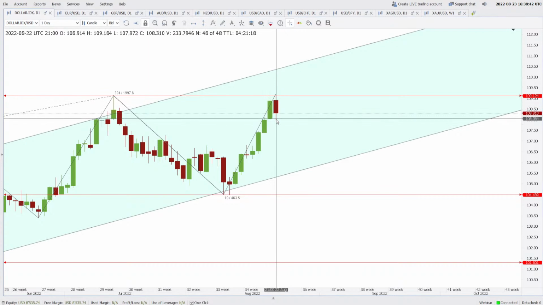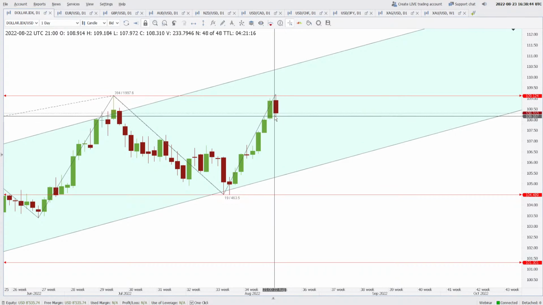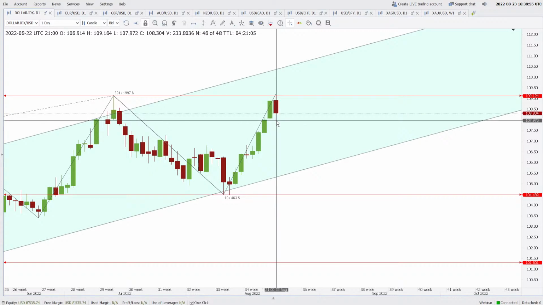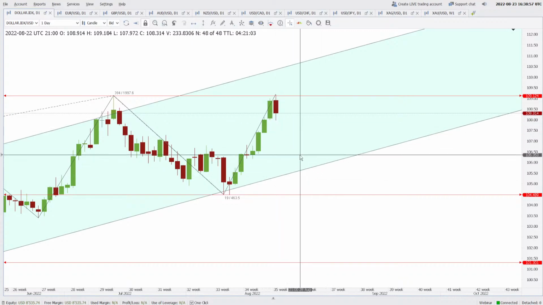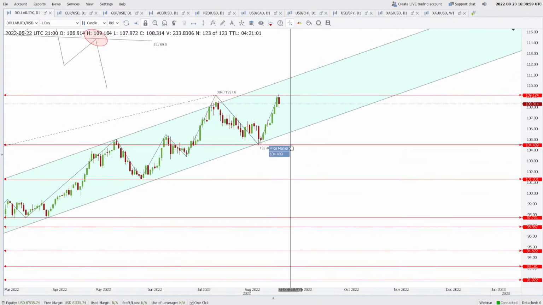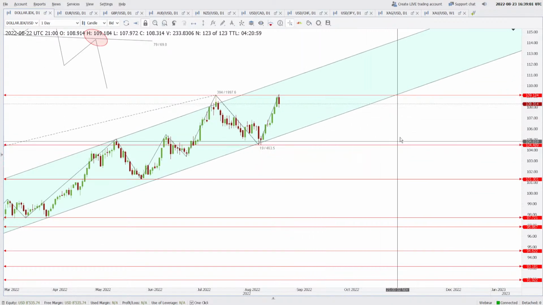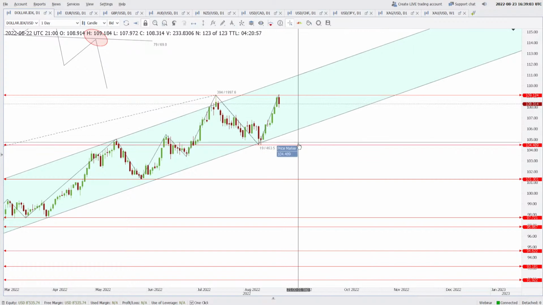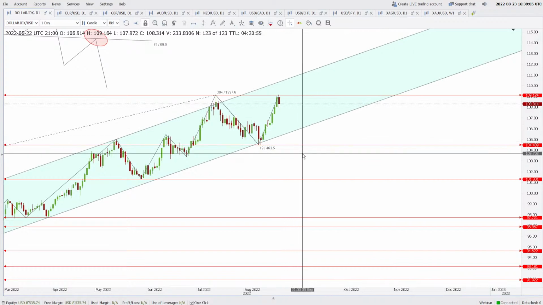The price went lower than the previous day's low, but is now trading higher than that. If the candle closes anywhere below 108.06, then we can say the dollar index is now trying to go to 104.48 again, and there again if it tests and goes higher, then it will be a rectangular pattern. But we need a break below this to confirm that the US dollar is going down, and as of now there is no such indication.